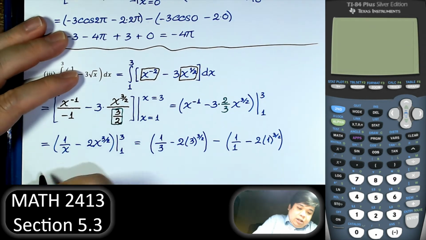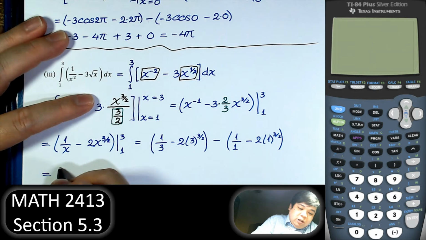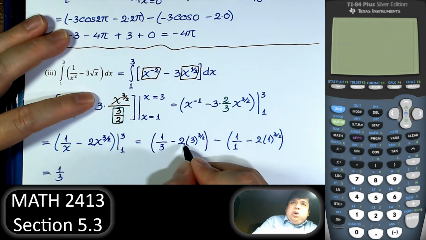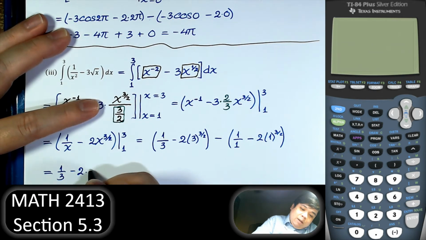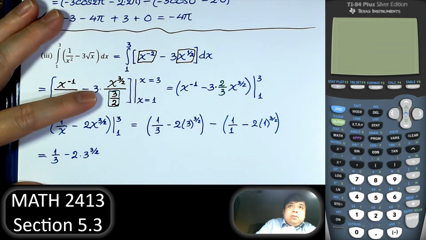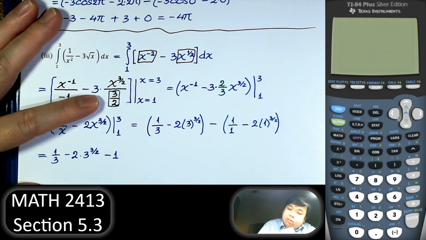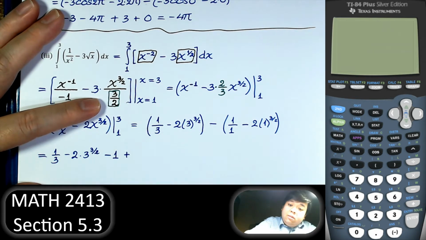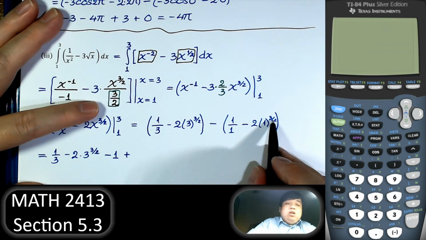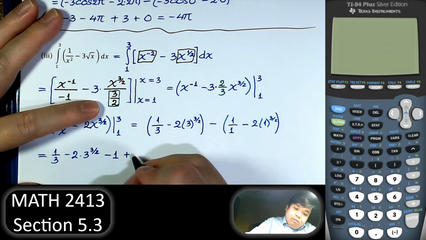Right, simplify this and we have 1/3, 2 times 3 to the 3/2, minus 1 over 1 is minus 1, minus a negative, that's a plus. 1 to the 3/2 is still 1, so we just have plus 2.